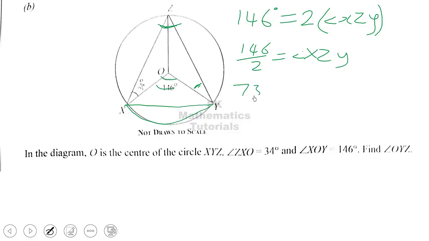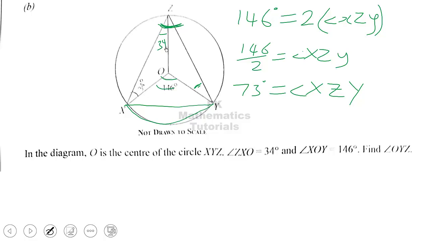So 73 degrees is equal to angle XZY. So the whole angle here is 73 degrees. But this small angle here is 34, because the base angles of an isosceles triangle are equal.